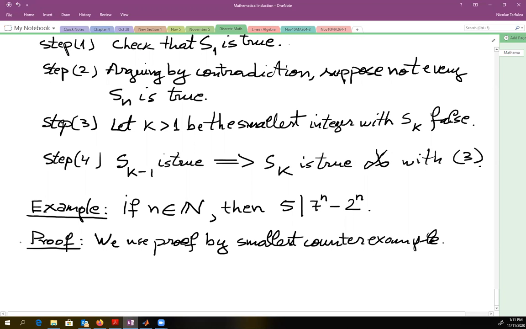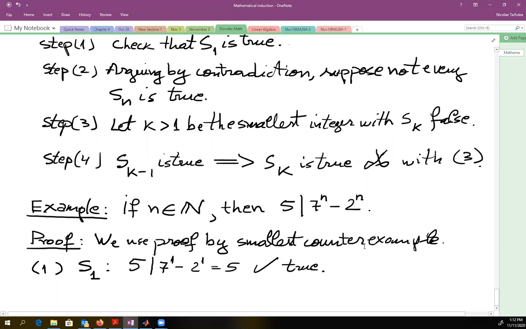Okay, step 1. So let's follow these steps. The first step, if n equals 1, so S1, this is what the statement says for n equals 1. 5 divides 7 to the 1 minus 2 to the 1, but that's kind of obvious because this is 5. So this is true. We are done with step 1.